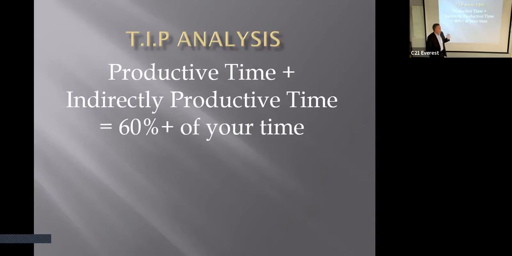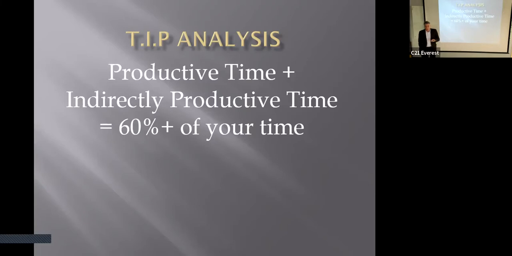Okay. So what you're looking for, and this is how you're going to get your business up and running or out of a slump if you're in one, is you're going to look at those two added together to see, was it at least 60% of your time? Did you spend at least 60% of your time doing either productive or indirectly productive?